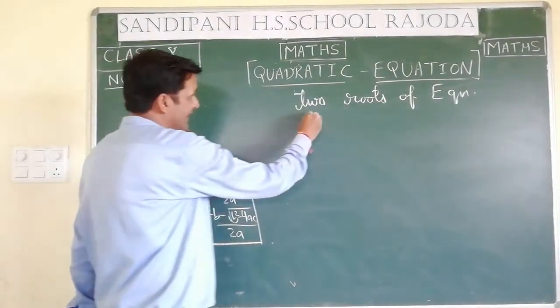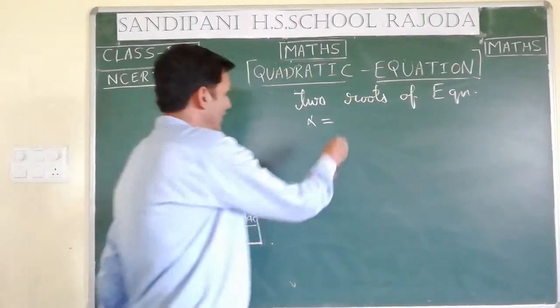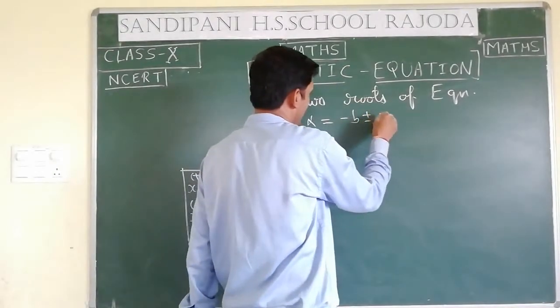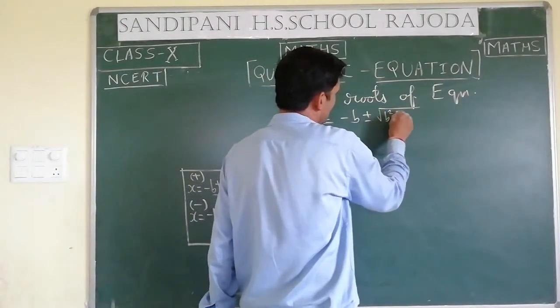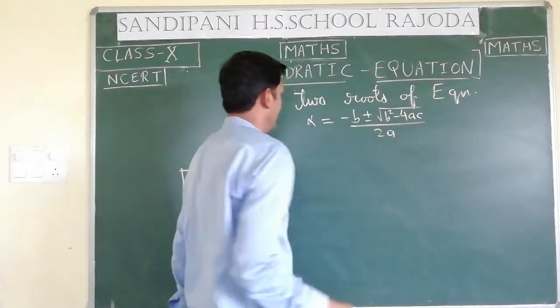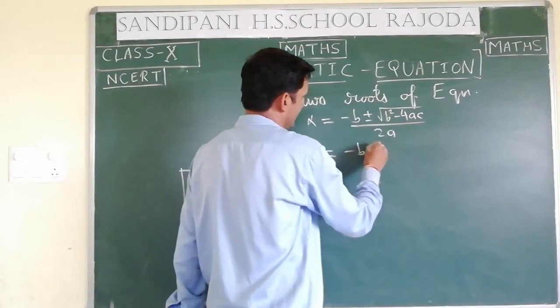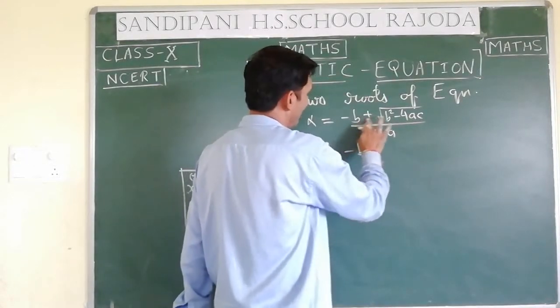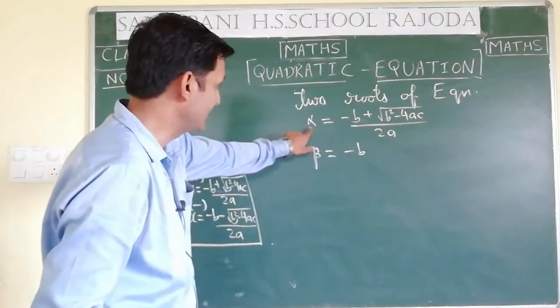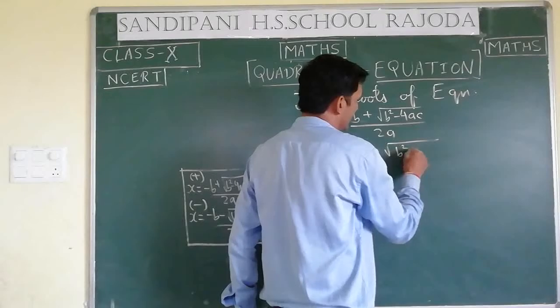So we may assign one value of x as alpha. So alpha is equal to minus b plus minus under the root b square minus 4ac upon 2a, and beta is equal to minus b. If we are taking the positive sign, then it is called alpha, and if we are taking the negative sign, then it is called beta.